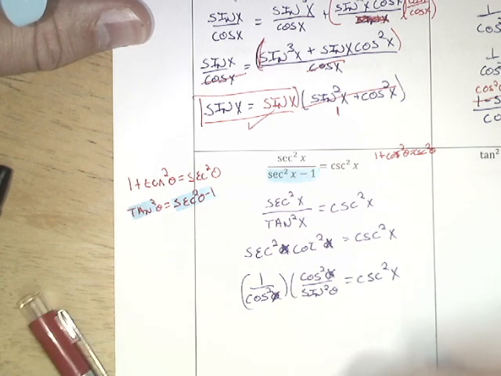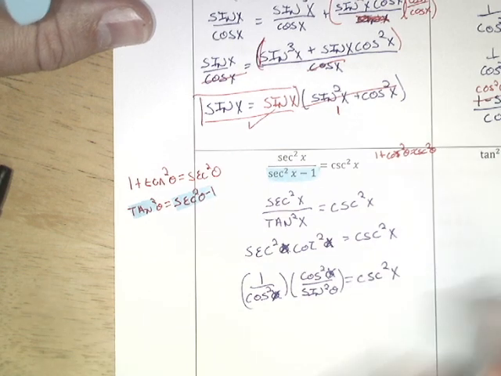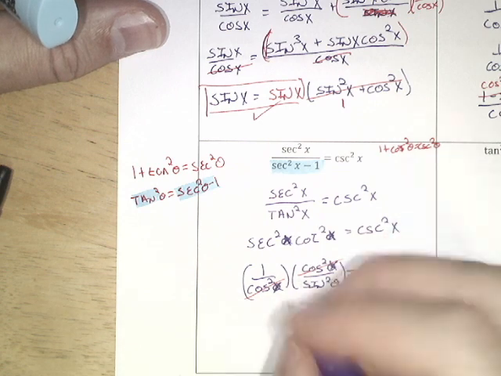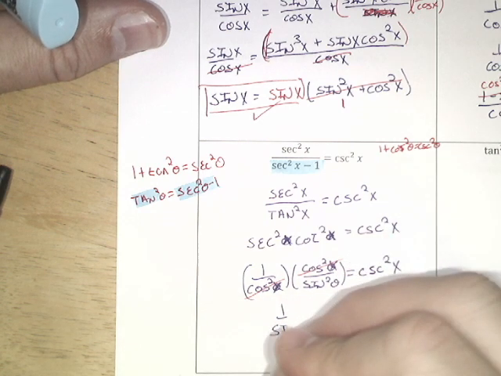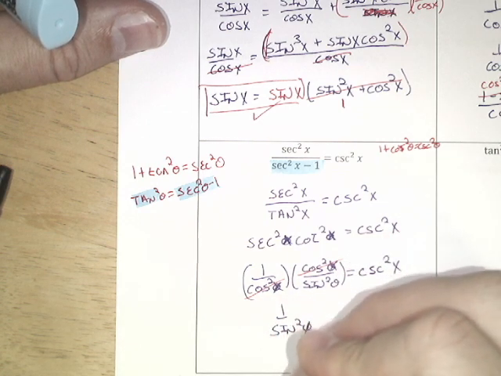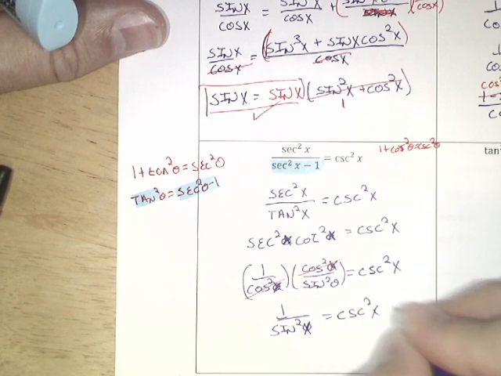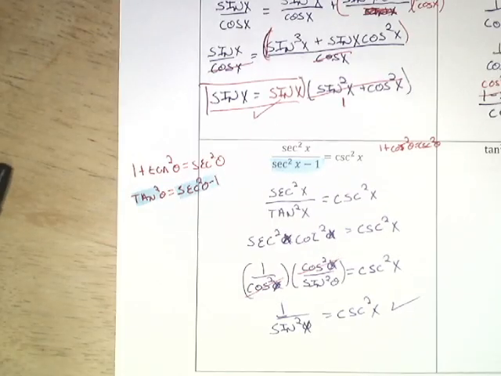I have a cosine on bottom, cosine on top. That is 1 over sine squared x is equal to cosecant squared x. And that's just true. Those are reciprocal identities. And so we're done.